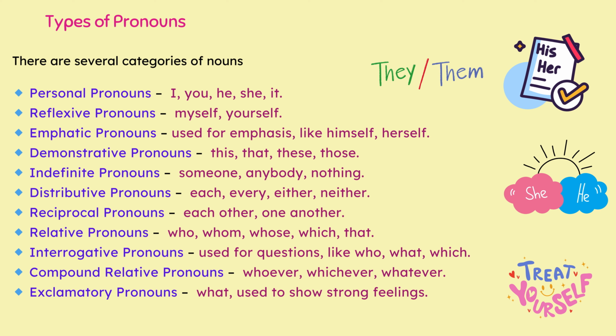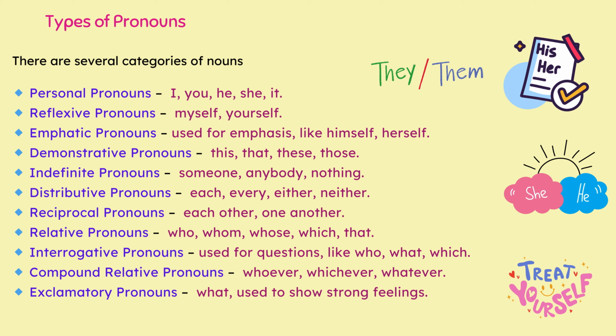Demonstrative pronouns like this, that, these, those. Indefinite pronouns like someone, anybody, nothing. Distributive pronouns like each, every, either, neither. Reciprocal pronouns like each other, one another. Relative pronouns like who, whom, whose, which, that.